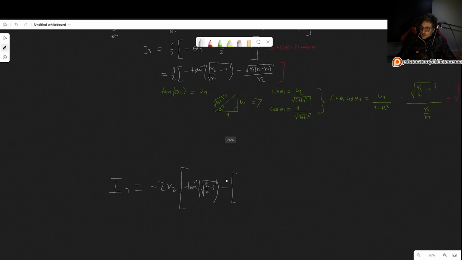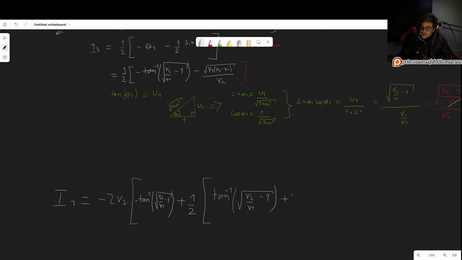So we can factor minus 1/2 outside. So let's do that. So we get plus 1/2, and then we have the inverse tangent of square root of r2 over r1 minus 1, and then plus the square root of r1, r2 minus r1, divided by r2.